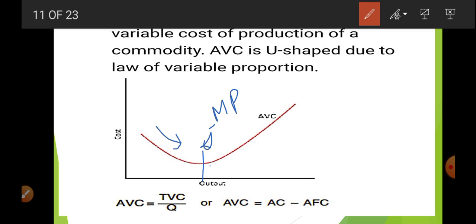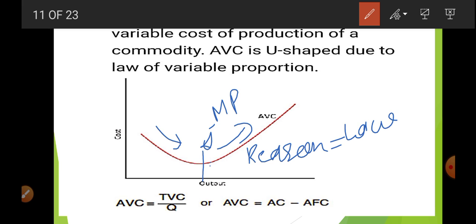Then it reaches its minimum point, and after that it starts to increase. So in this way we get a U-shaped curve. Okay, and the reason is what? The reason is the law of variable proportion.